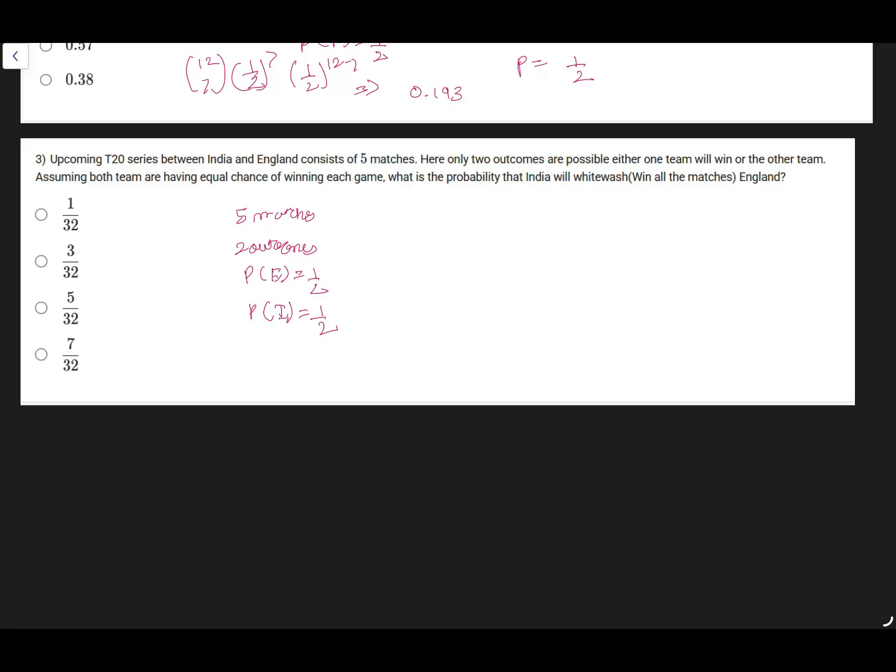Now, the probability that India wins 1 match is half. The probability that India wins 5 matches is: it wins the first match, second match, third match, up to 5. So it's half to the power of 5, which becomes 1/32. This is a very direct answer that you get.